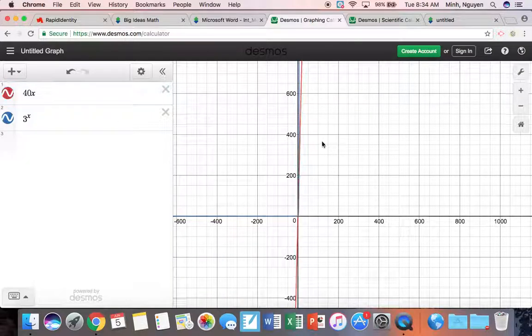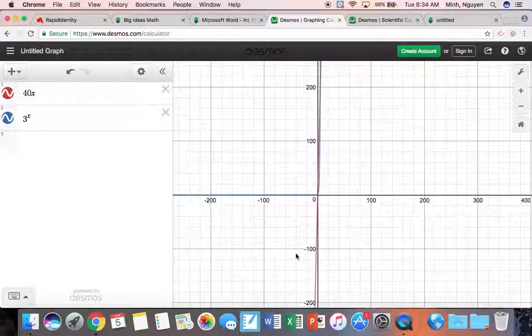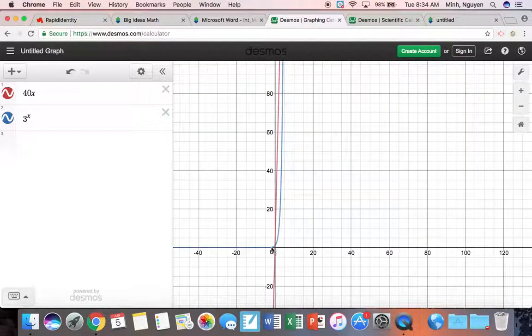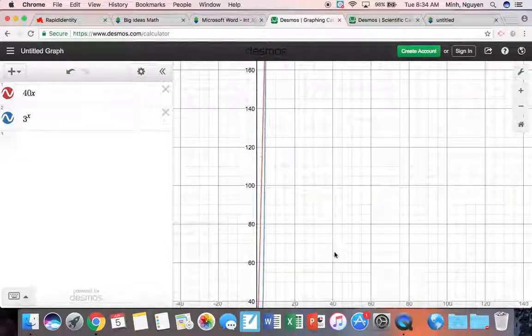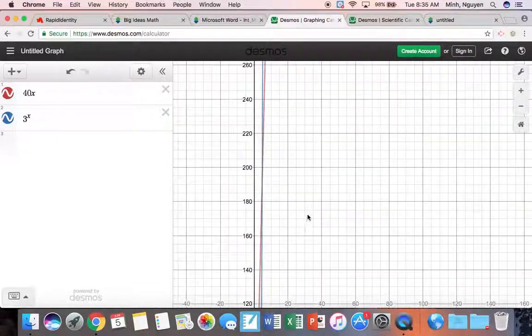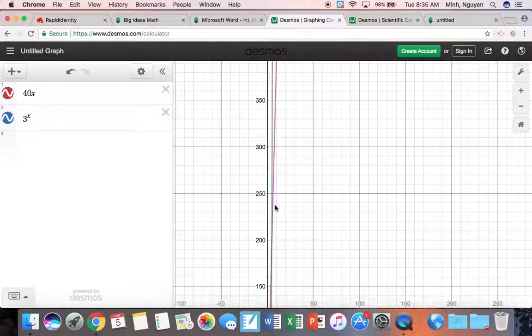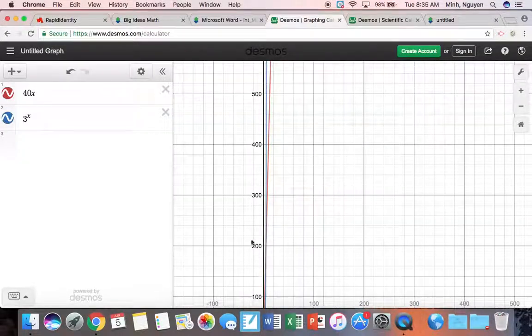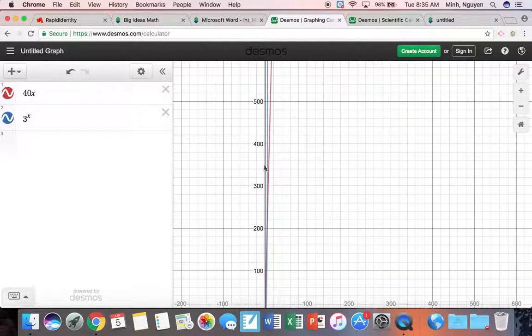So you see that the line is increasing much faster. But once the blue overtakes it, then the jumps are just so much higher. In fact, to the point where the blue line, the exponential function, looks like it's going almost straight up. They both look like they're going almost straight up, but the blue line is clearly going up faster.